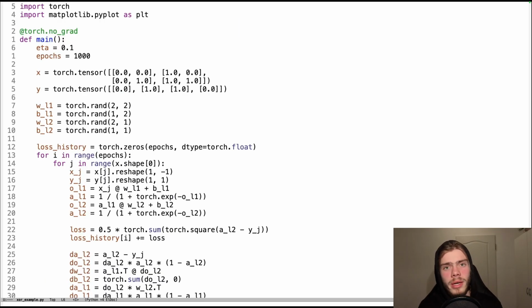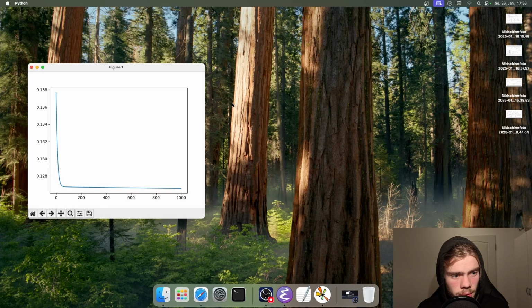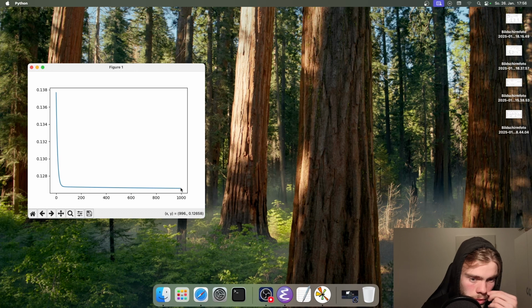So to demonstrate how the learning rate affects the final result, we can reduce the learning rate now to 0.1. And we see that in this case, we reach the minimum a lot faster, but the minimum was better the last time. Now it's at 0.12, so we got stuck at some local optimum here, of course.